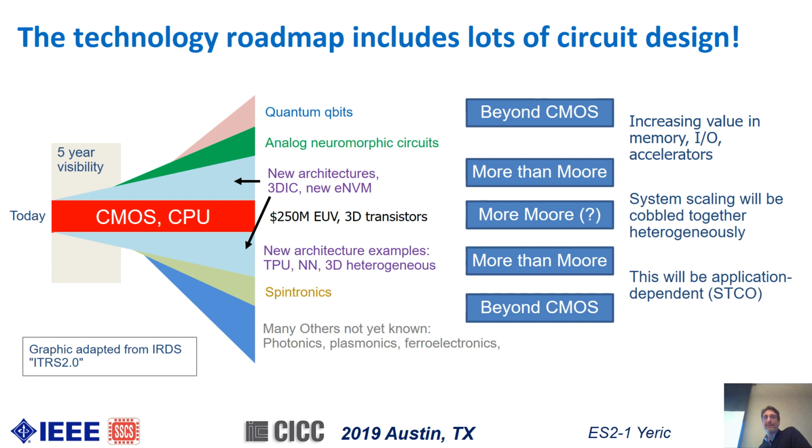So what that means is it's good news for circuit designers, because it's not just that we're shrinking transistors and turning the crank. We've got to deal with very sophisticated design practices and getting good 3D IC design out, good use of these new memories, and all these new devices are going to require some very fancy circuit design as well. So the end of Moore's Law is a big opportunity for us in design, because that's where the progress is going to come. It's not going to come from smaller transistors.